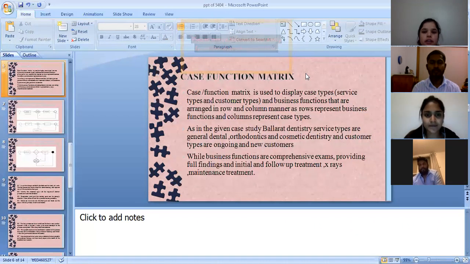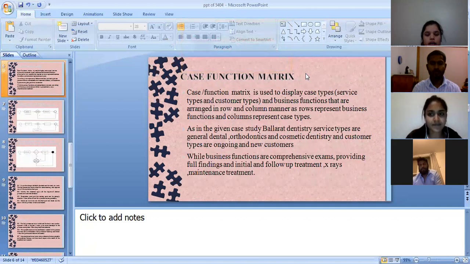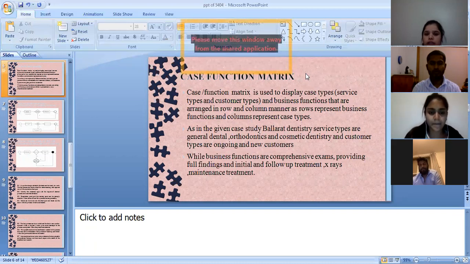The next thing that I'm going to explain is the case function matrix. A matrix, in general terms, is a combination of rows and columns. And this case function matrix is just to show the case types, like service types and customer types. In the case study, there are service types like general dental, orthodontic, and cosmetic dentistry, which are the services provided, and the customer types are ongoing customers and new customers.